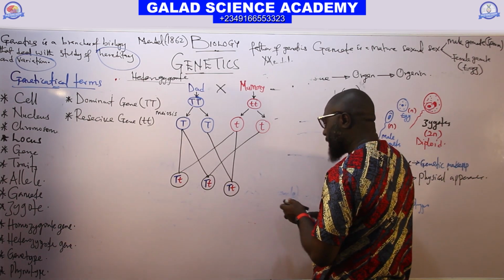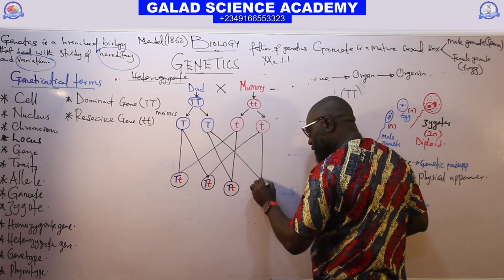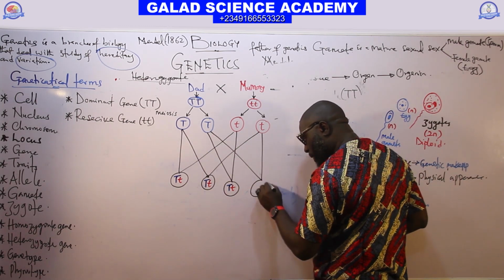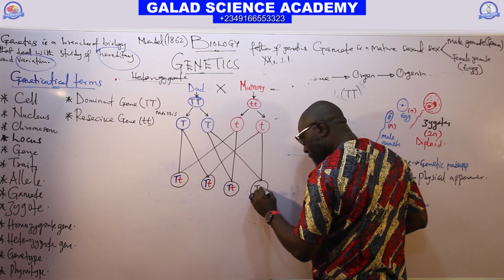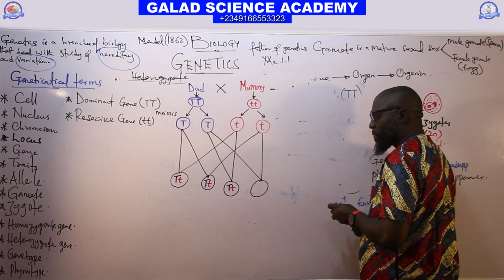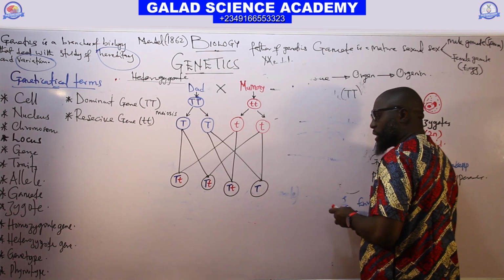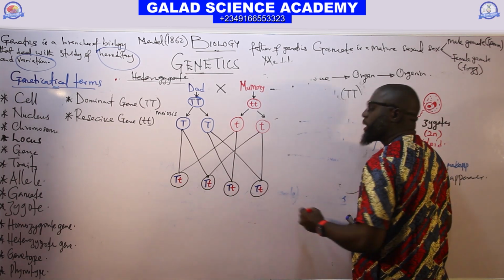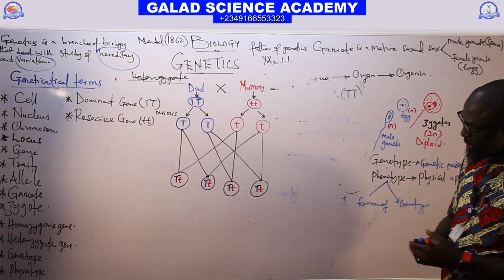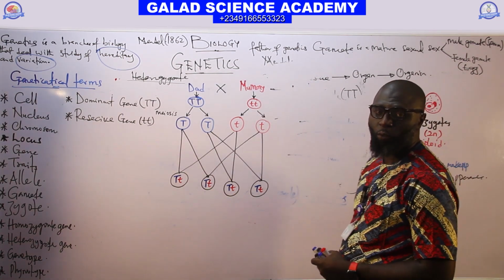Then here, take this one too with this, and we have T and small t. Check it now. You will observe that during this course, what do we see?